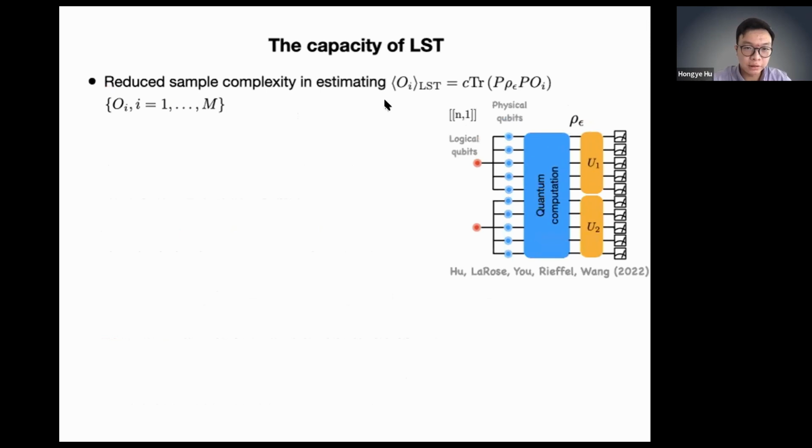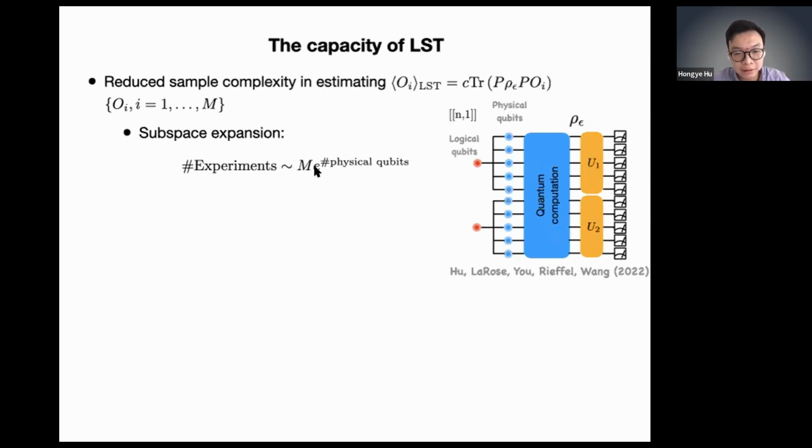In subspace expansion, if we want to measure M error-mitigated properties O_i, the number of measurements will scale linearly with M. And for each O_i, we need to expand this code projector P into exponentially many Pauli strings and measure them one by one. So in total, the number of measurements will scale as M times e to the total number of physical qubits.